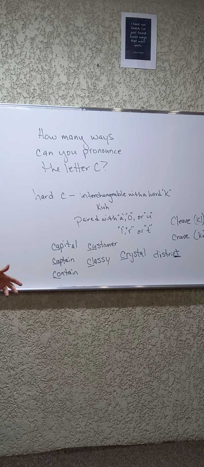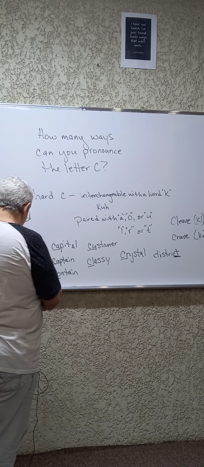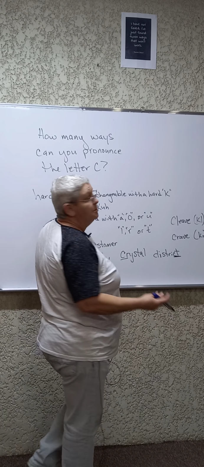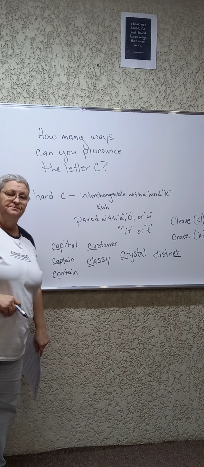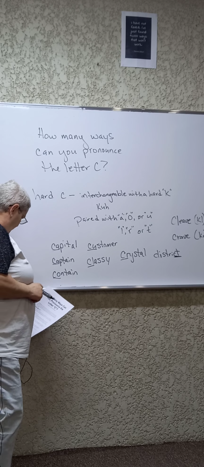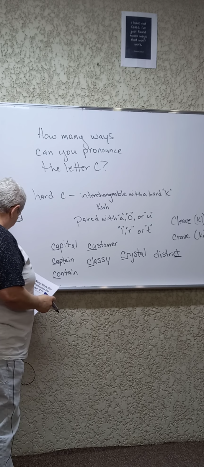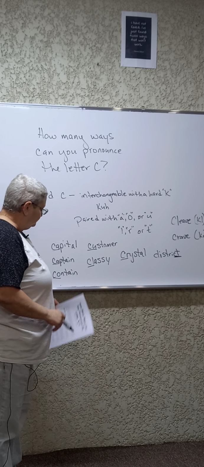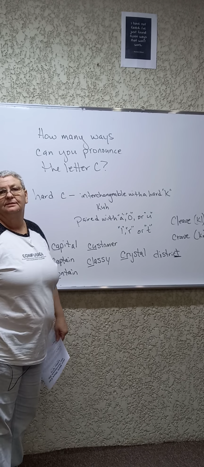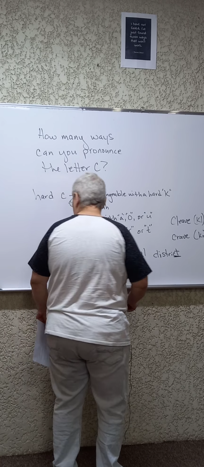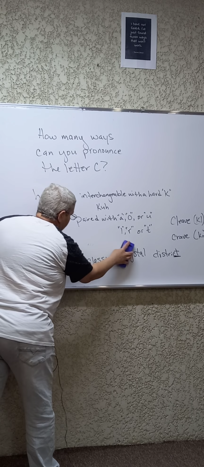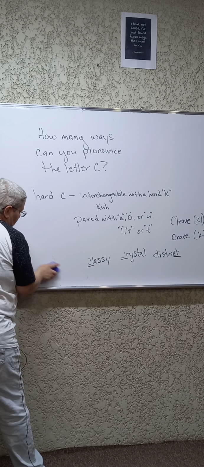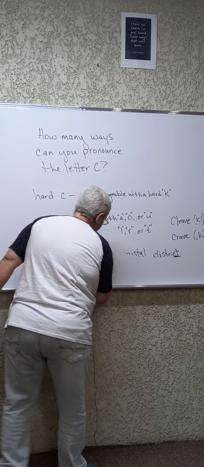When a C appears at the end of a word, it's typically pronounced with a hard K. Okay? For instance, let's say panic. Panic. Let me erase this here. Panic. When you panic and you do something, yes?